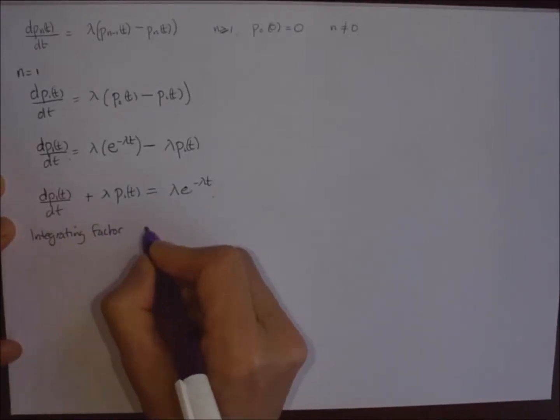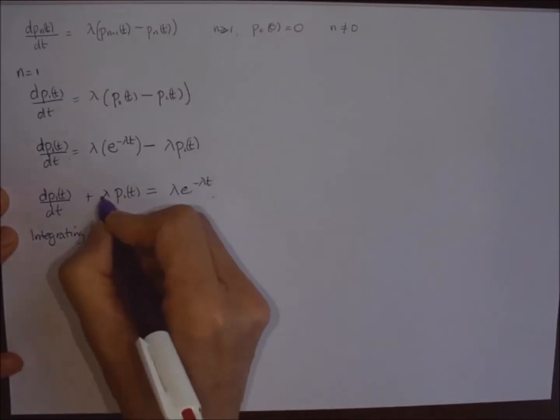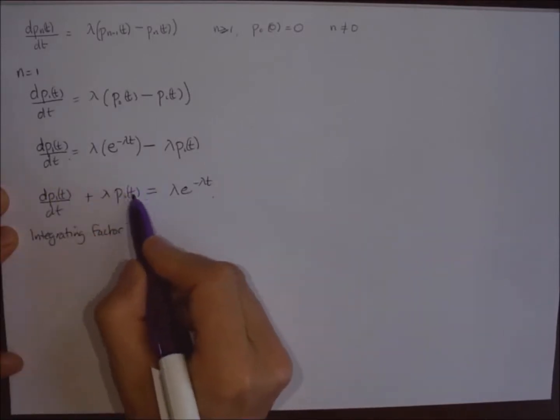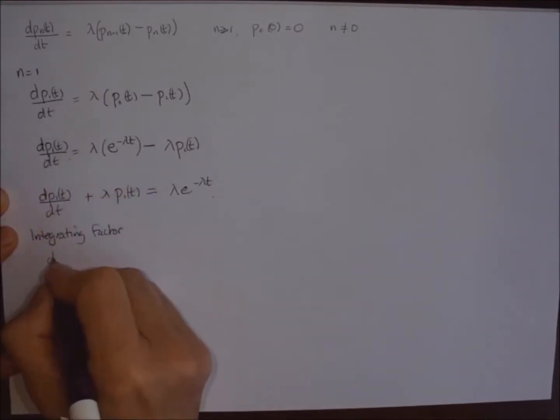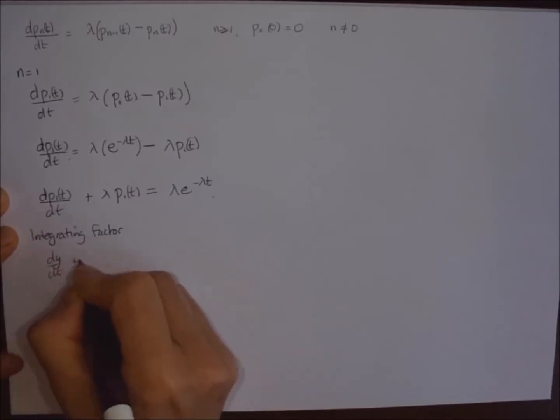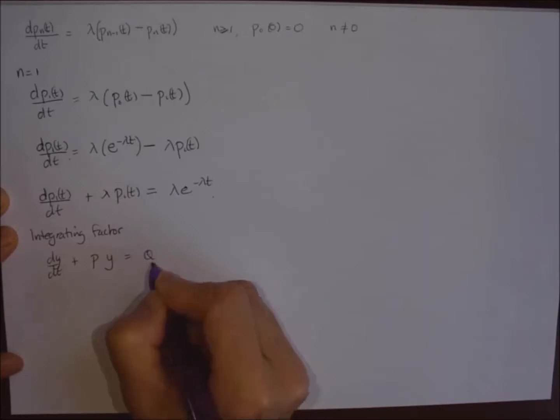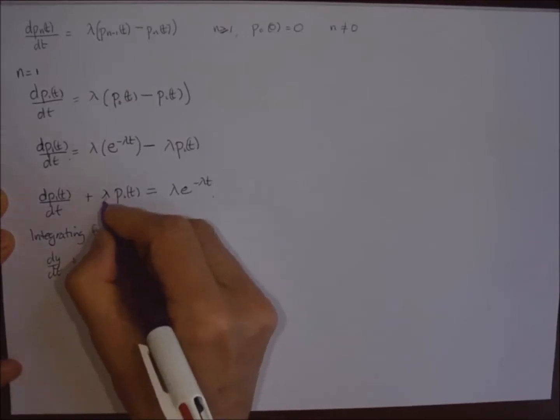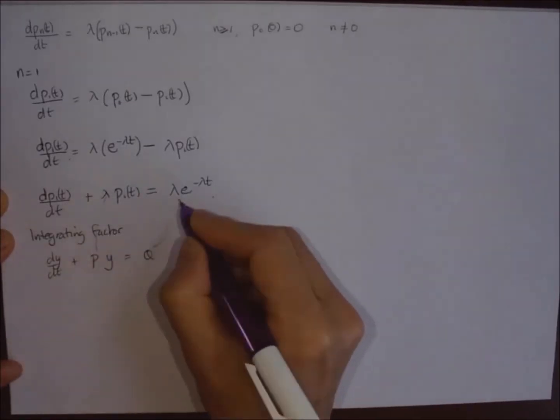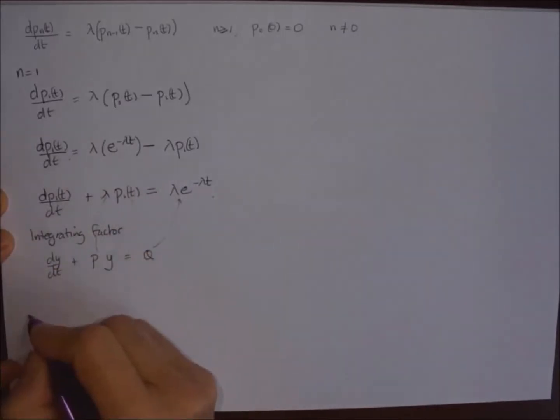method of integration. Okay, so in this case the p1 of t would be like the y, if we have dy dt plus p times y equals q. So p here is the lambda and q is that, and y is the p1 of t.